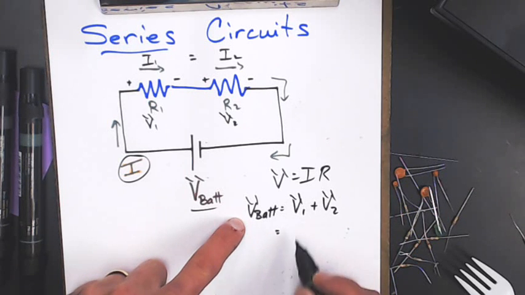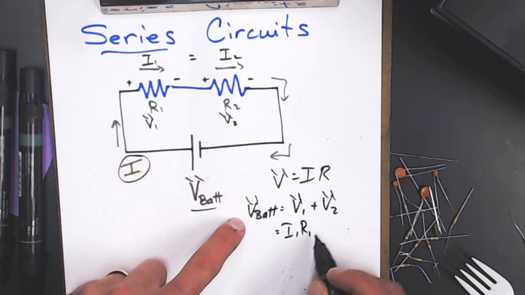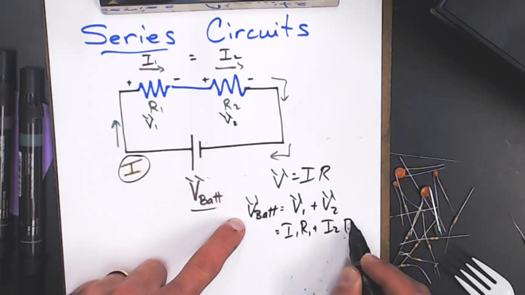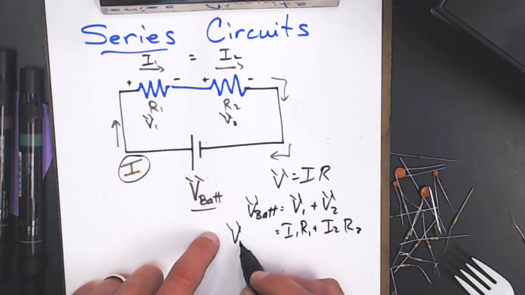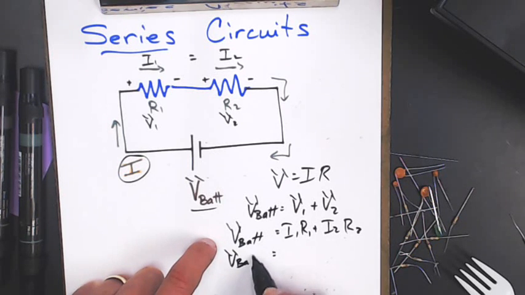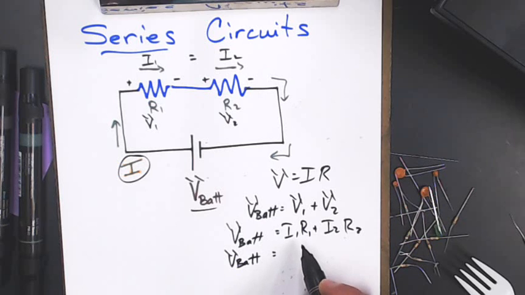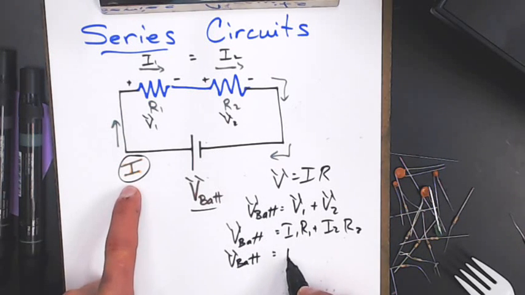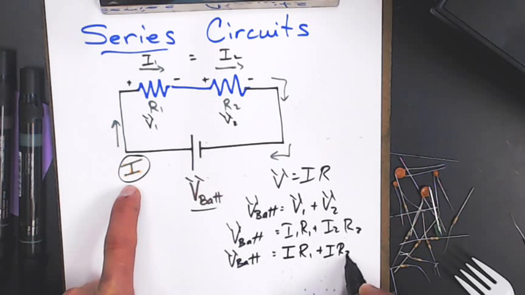But V equals IR, so this is the current through 1 times the resistance of 1, plus the current through 2 times the resistance of 2, which is my V battery. So now, current 1 equals current 2, which is just the current that comes out of the battery: IR1 plus IR2.